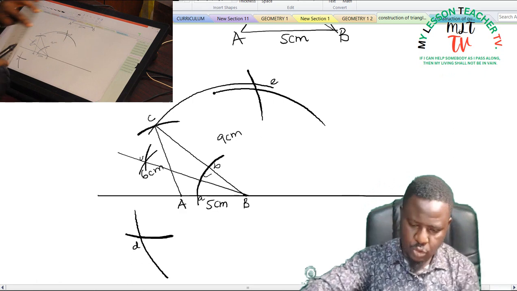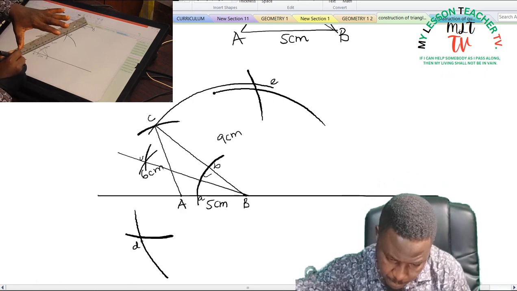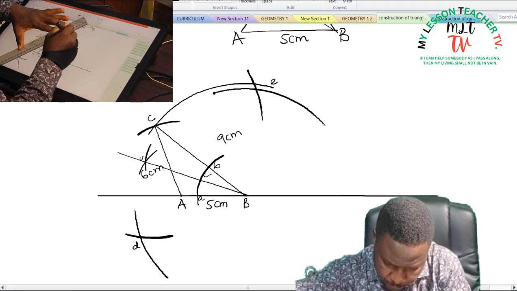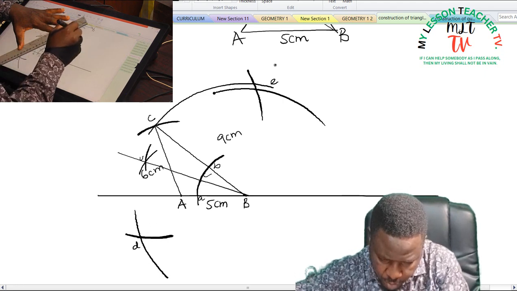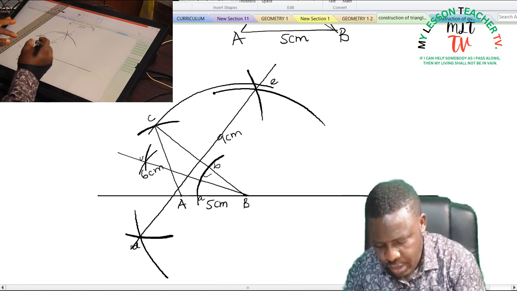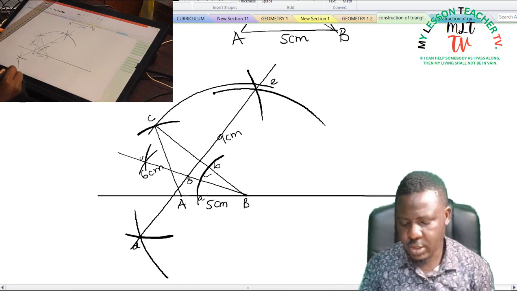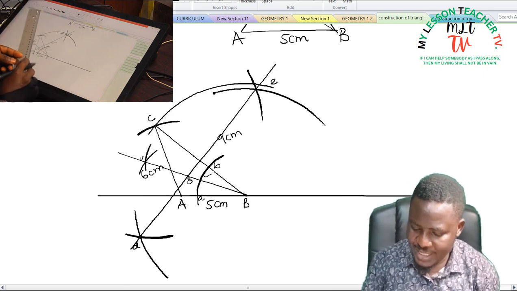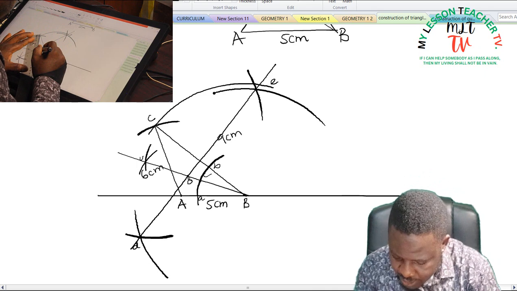Okay, so when you do that, you have something like this. Now, this is the point O we were asked to construct. And the question says we should measure OC. So I'll measure OC.